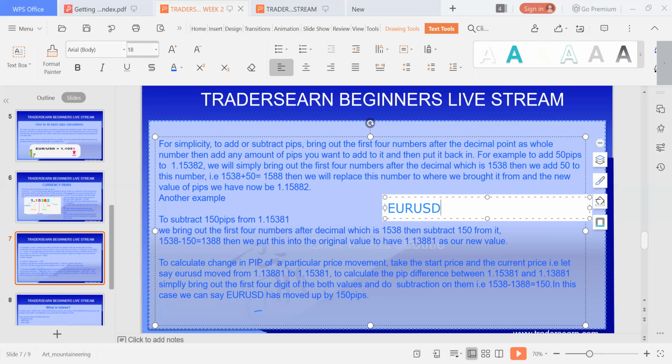Euro USD is equal to 1.15381. That's the price of Euro USD.